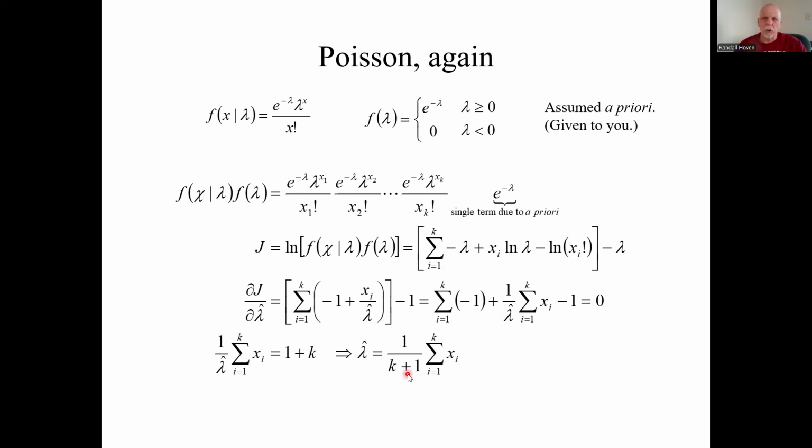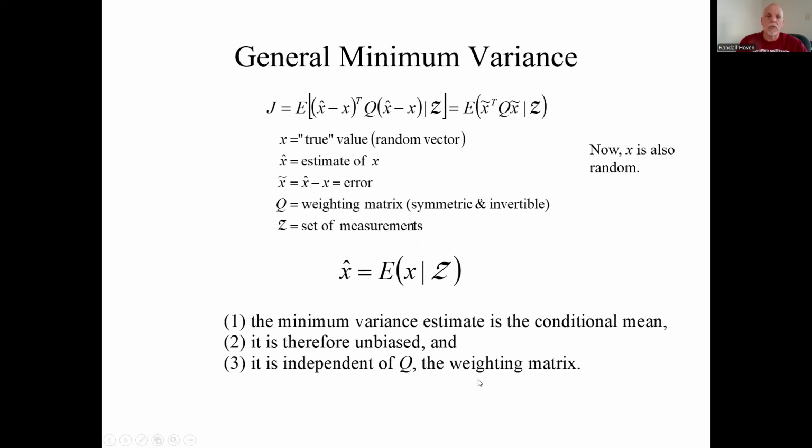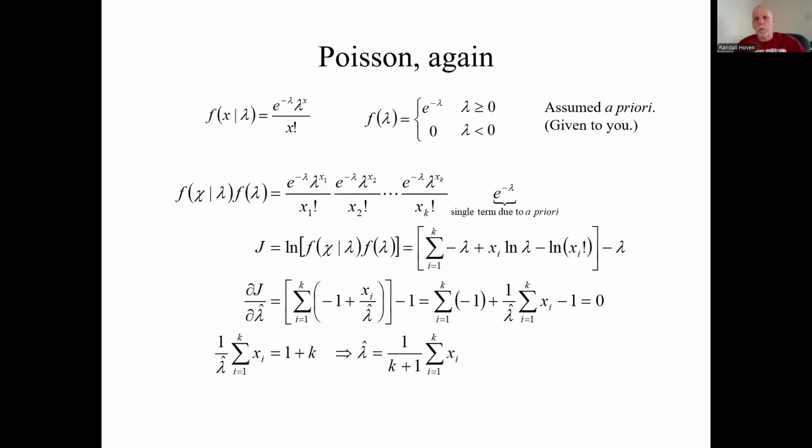With MLE, we just got a 1 over k. In effect, the answer was simply the sample mean of x. Now that's not the case. This is not the sample mean of x anymore. Anyway, that's how maximum a posteriori or Bayesian estimation works, at least in those kind of simple application problems.